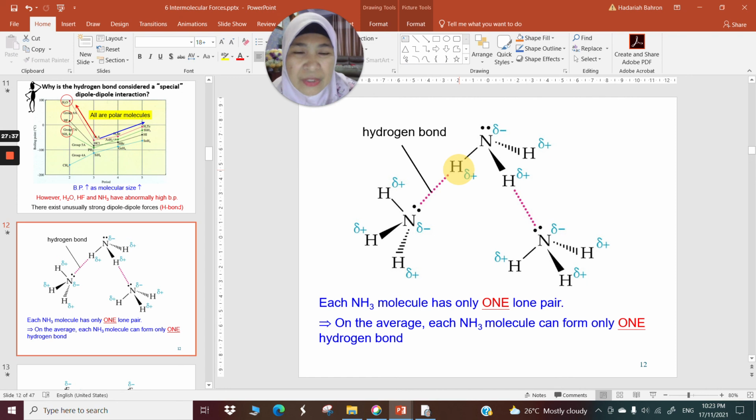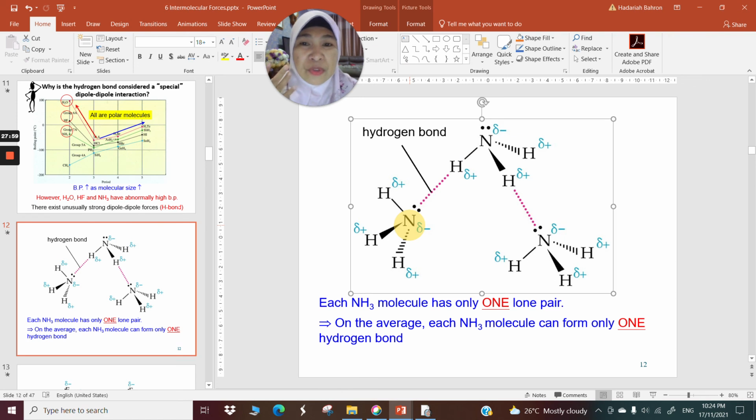So the hydrogen of one ammonia will have a strong interaction with the lone pair of the nitrogen in a neighboring ammonia. That is an example of hydrogen bonding, where the hydrogen of one ammonia is attracted to the nitrogen of a neighboring ammonia. You can see that this is the situation where the hydrogen bond exists in ammonia.